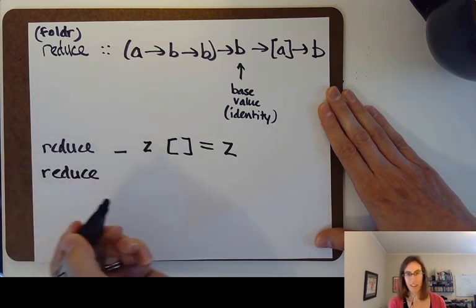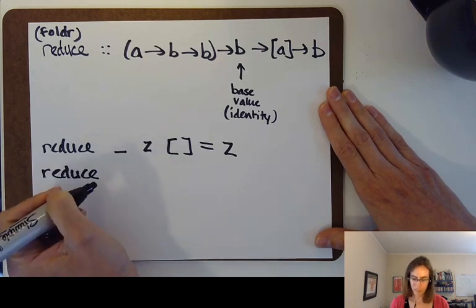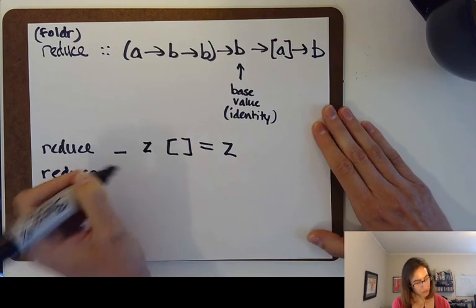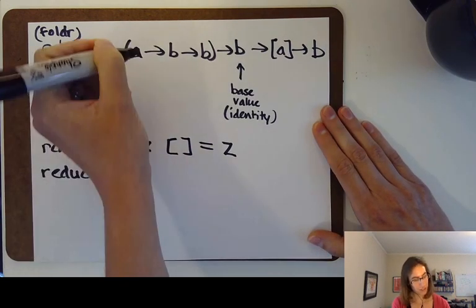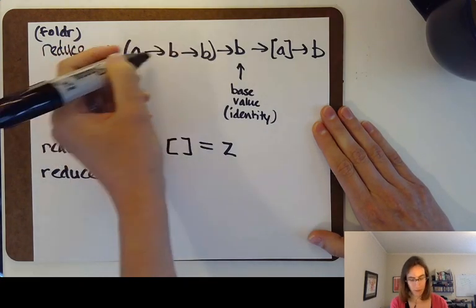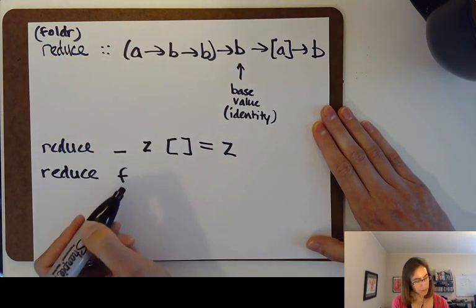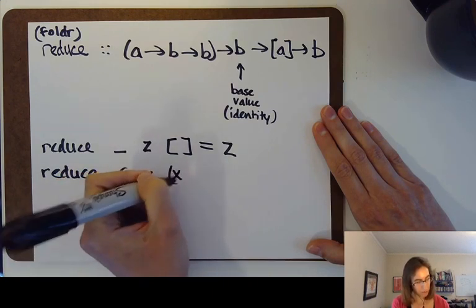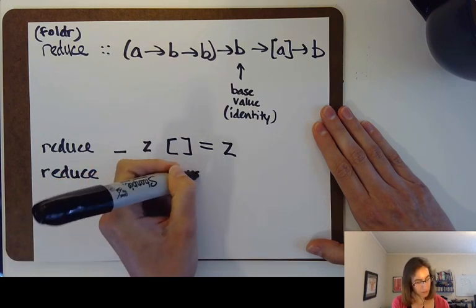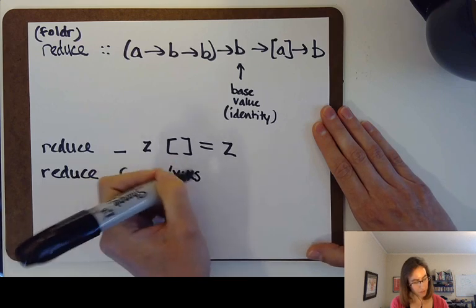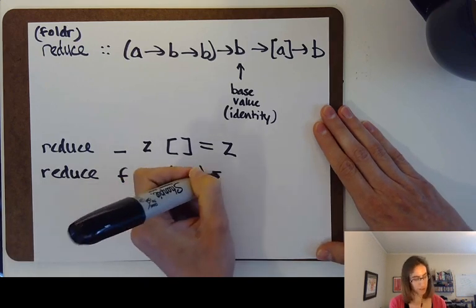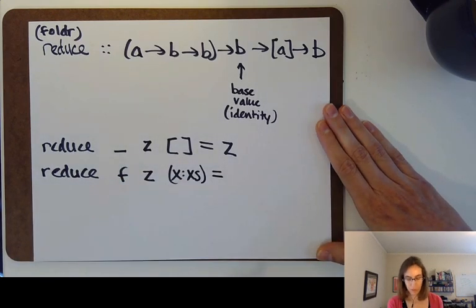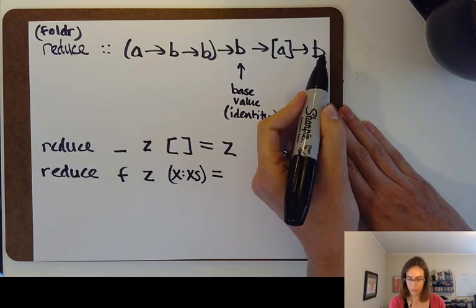Here's the recursive case. So reduce takes a function, that's this function here from A to B to B. We have our zero value Z, and we have our list which is not empty, but has a first element x, and then the rest of it is xs. What do we do? Well, we're trying to create this B, right?